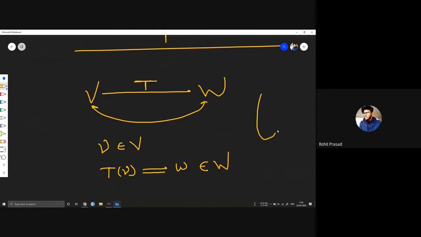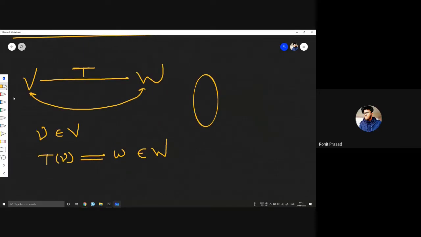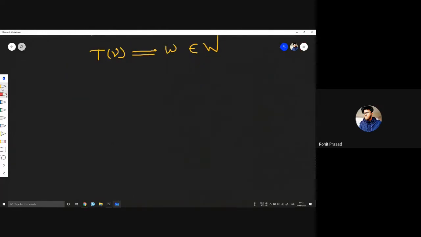Okay, so if we draw a vector space like this and another vector space like this, a transformation is just going from this vector space to this vector space. Let's say this is V, then this point will be T V. Let's see this using an example.